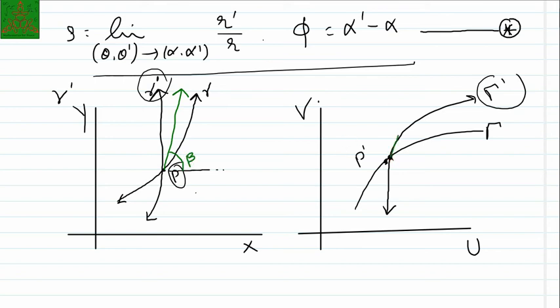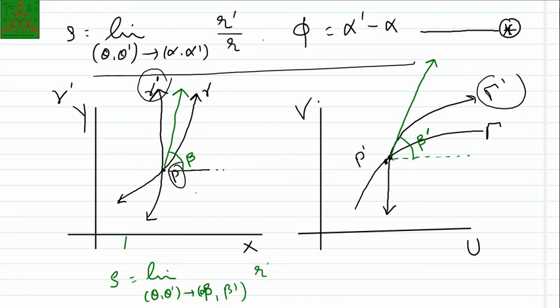So its image here makes the angle beta dash with the positive u axis. Then, as we have the same argument here, we can write rho equals limit theta dash tends to beta dash of r dash upon r, and angle phi, which is the angle of rotation between these two curves.